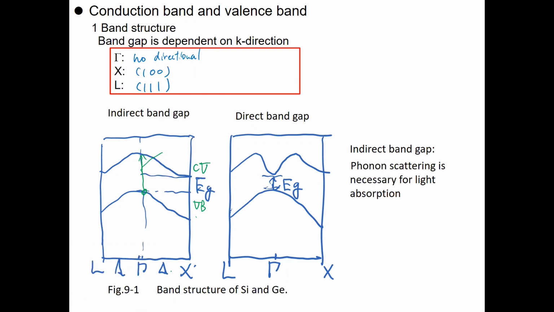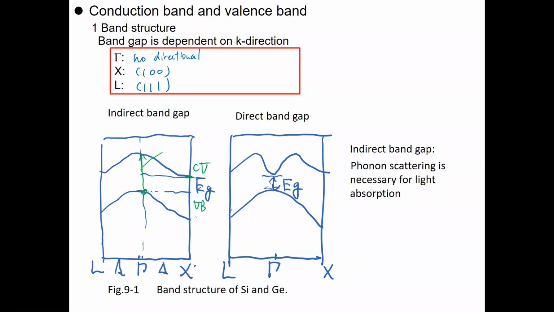But in the case of silicon like this, the bottom of the conduction band is at the X position, so light cannot be directly absorbed. So there is an indirect band transition with the help of momentum conservation by the phonon, which is not studied here.